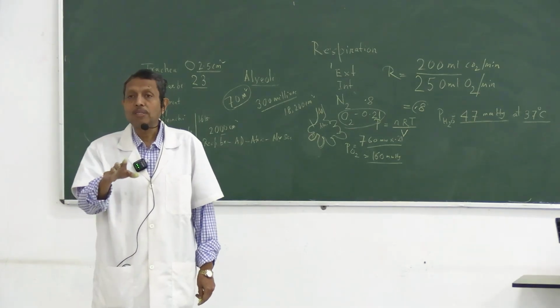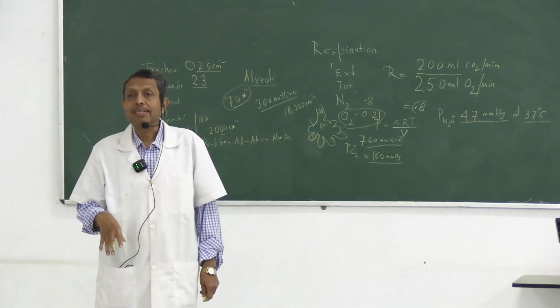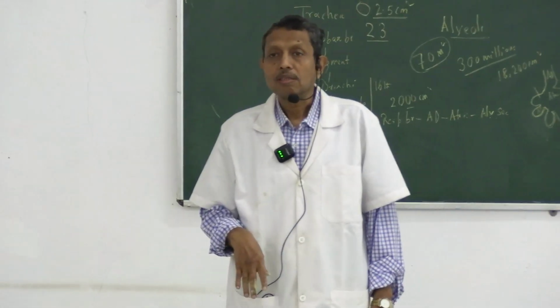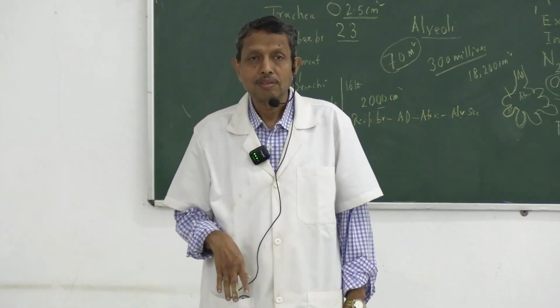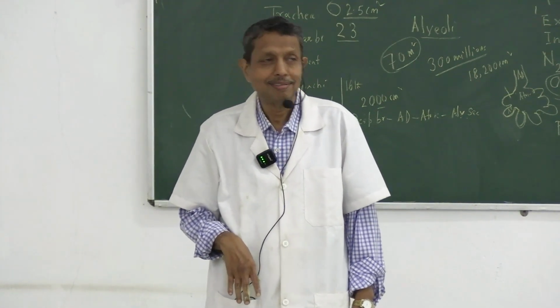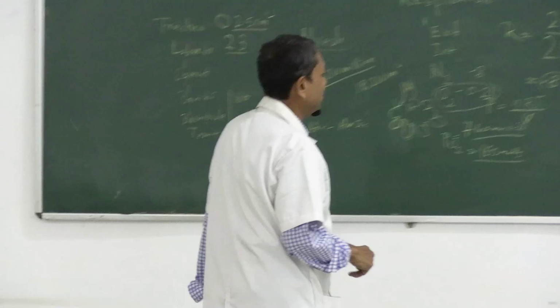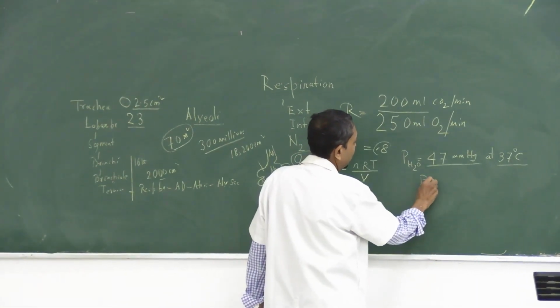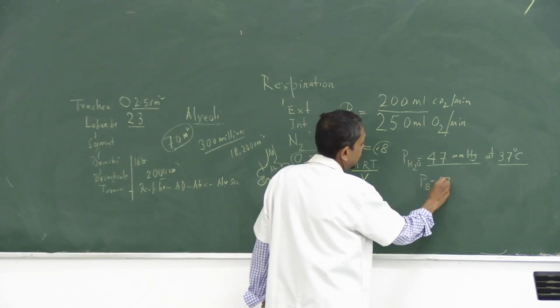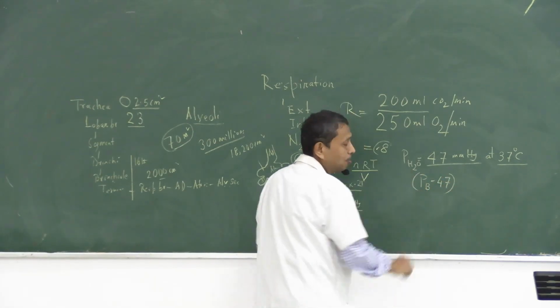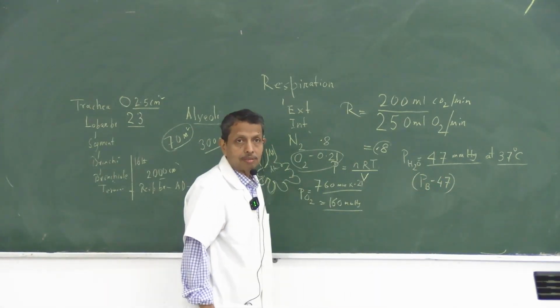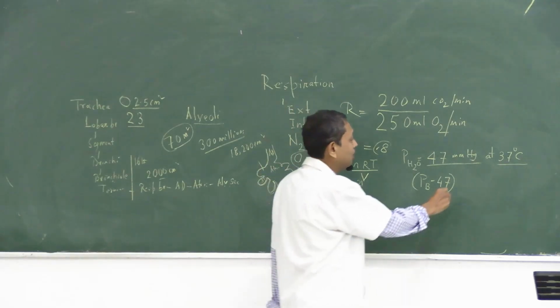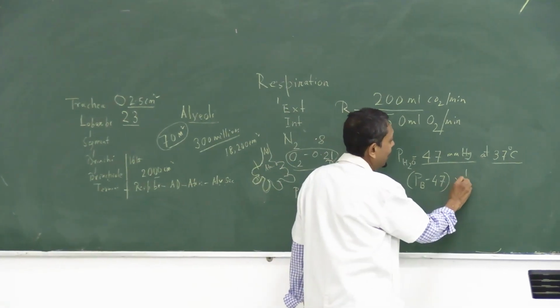And it is that in comparison to that of the dry air. So it is PB minus 47. It is the dry part of the alveolar air. Then you multiply it by the fraction. Suppose 1 by 5.